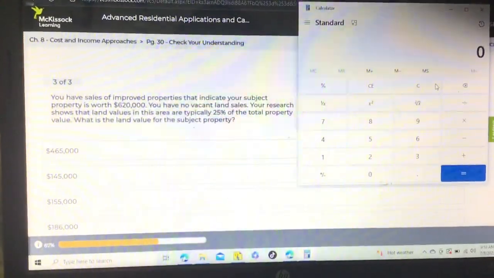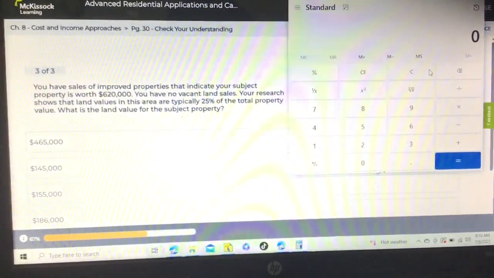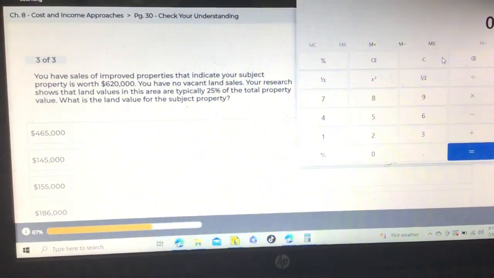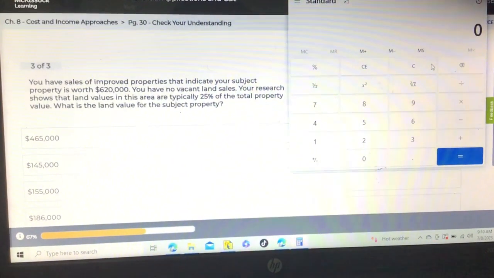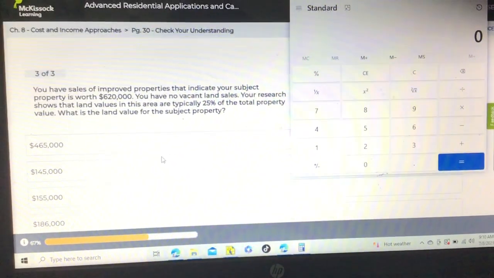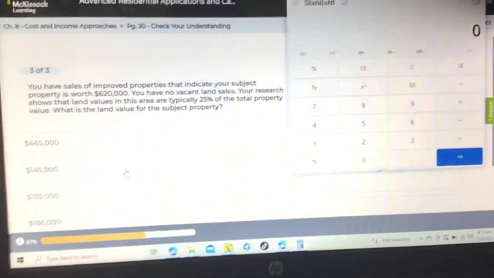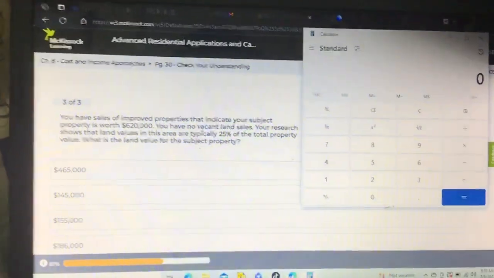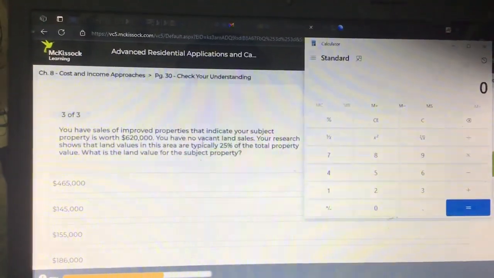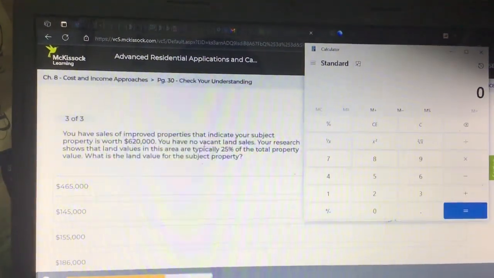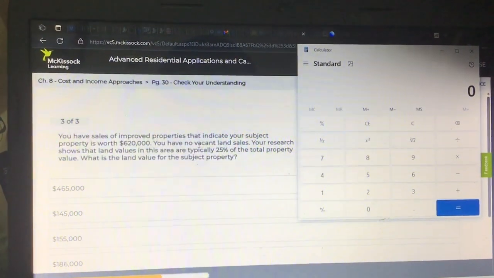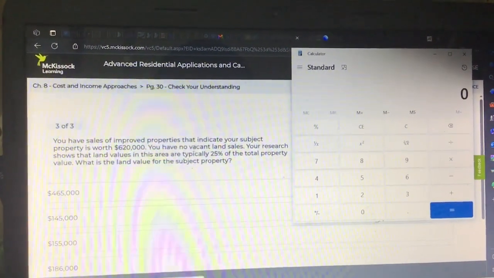Also, there's another approach we can try, but it's my last-ditch effort, which is going through a process of elimination with the answers. I think that isn't a bad idea, but I want to know the formula to do it. Typically, your research shows that the land values in this area are 25% of the total property value.